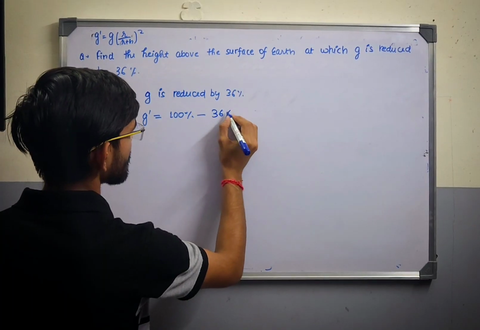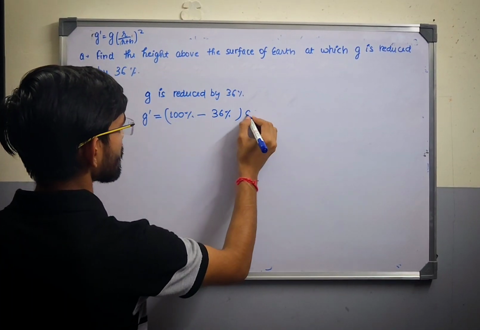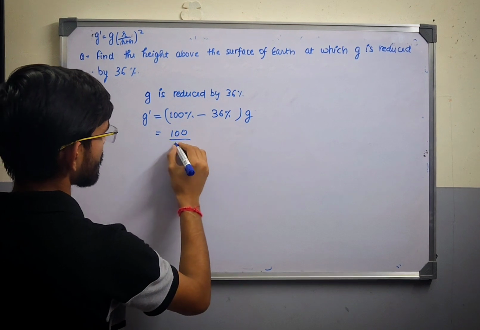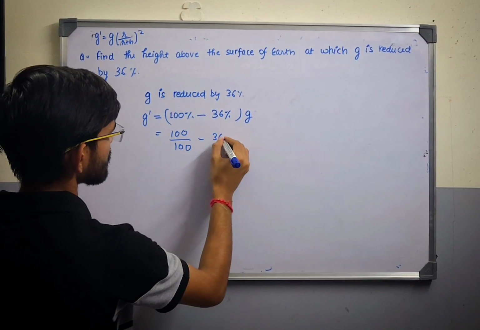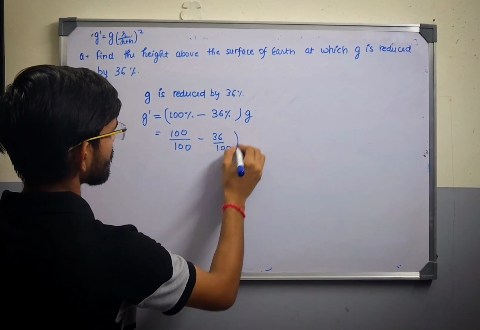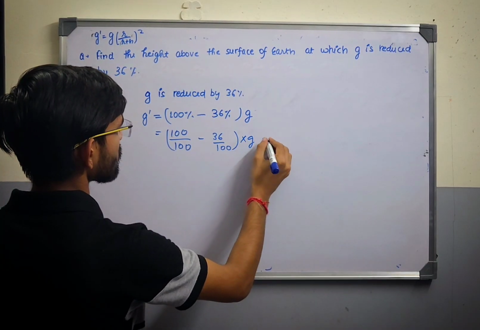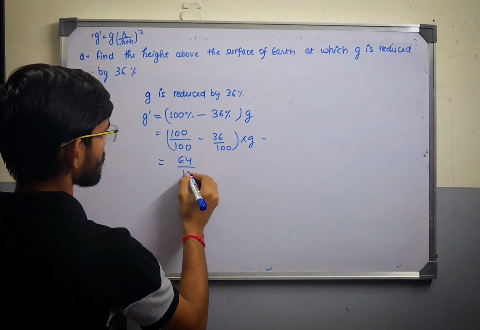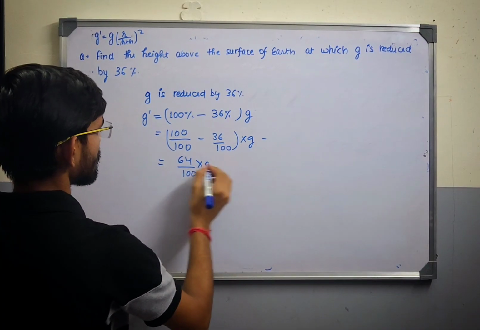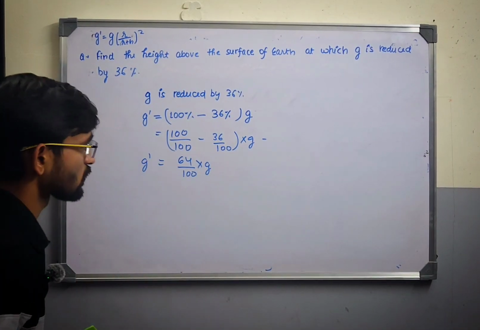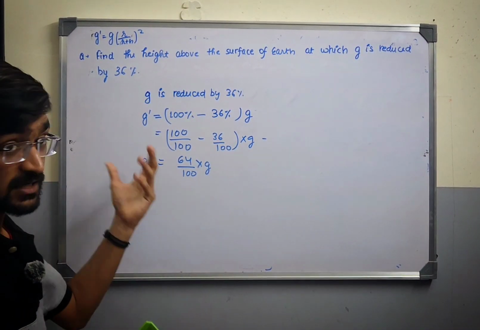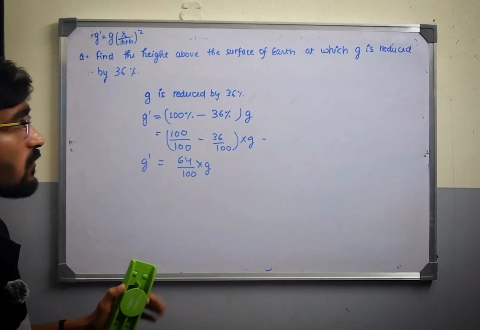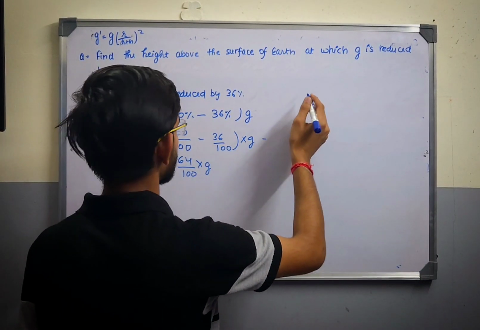So it is (1 - 36/100) into g, which is 64/100 into g. So acceleration due to gravity at that height will be 64% of the acceleration due to gravity at the surface of Earth. Now we have to find that height.